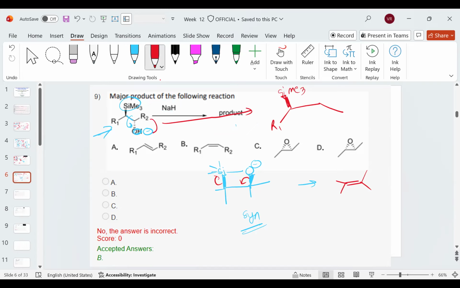What we have done is taken this here, this here, and the hydrogen directing upward, I have taken directing downward. So this hydrogen will be here, oxygen will be like this, O negative, and then this R2 will be here. Have you understood how I did the rotation?